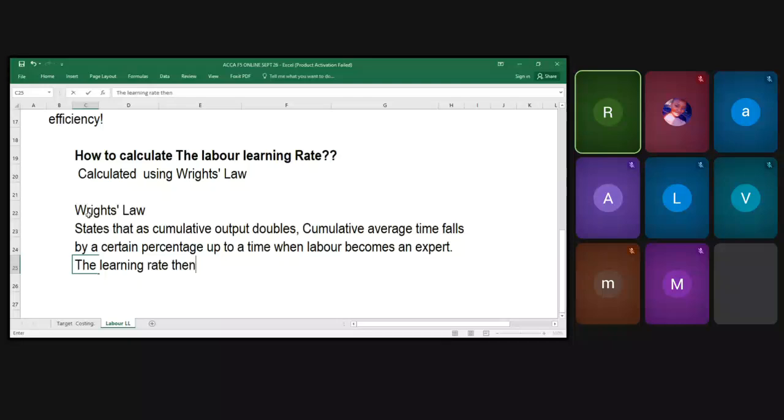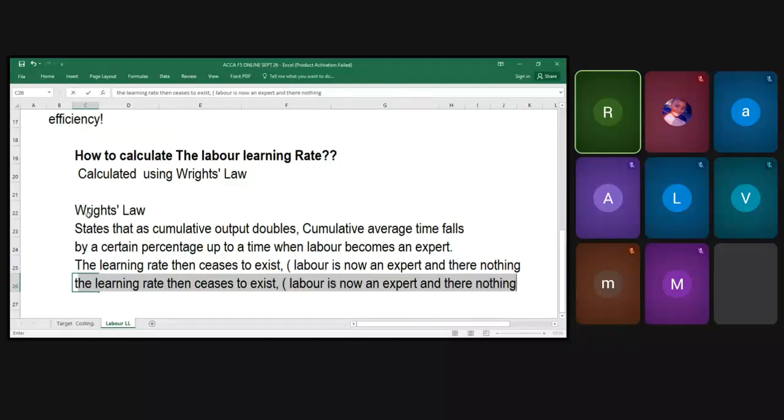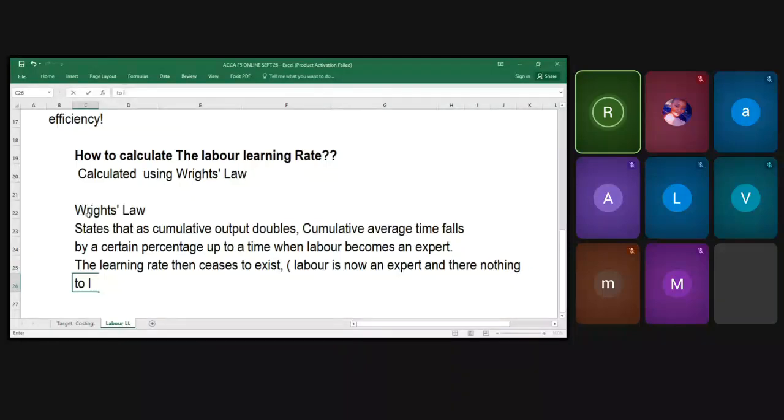Then the learning rate ceases to exist. Meaning to say what? Labor is now an expert and there is nothing to learn.